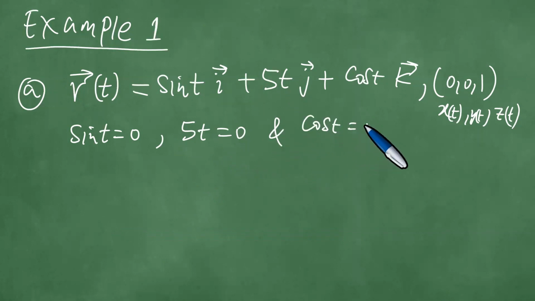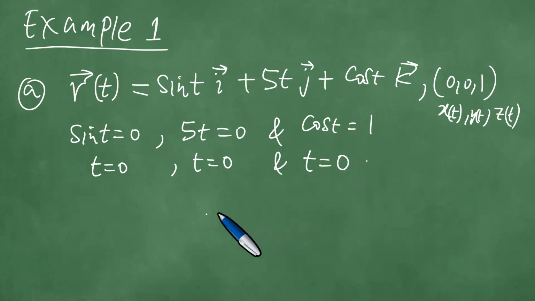Simultaneously, cosine t equals 1. Solving for t, we can see that t equals 0 here. Dividing by 5 means t equals 0 here. And here it means t equals 0 as well.